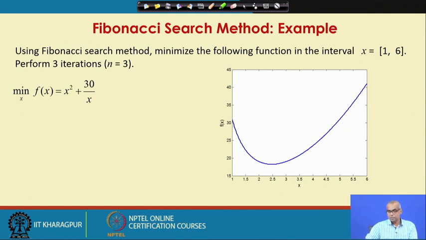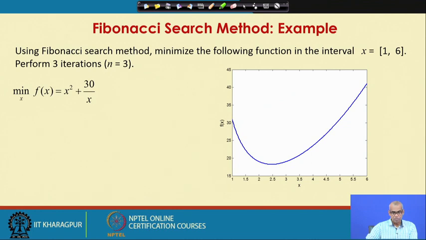Note that it is not necessary to draw this figure, but if we plot the function, we will know about the behavior of the function. You will get an idea about the minimum point, and since we are talking about one dimensional functions, it is easy for us to plot the function, but for the working of the algorithm it is really not required.